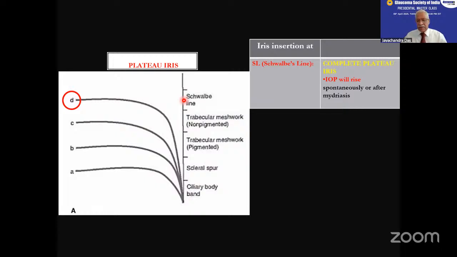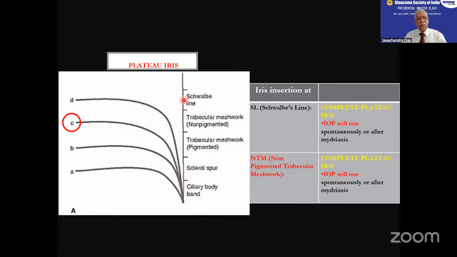So this is one situation. The second position is in the trabecular meshwork, in the non-pigmented area. If we dilate it, the iris will be touching this area, again blocking all the drainage areas. So this is also a complete plateau iris, which will again reflect in a rise of intraocular pressure.